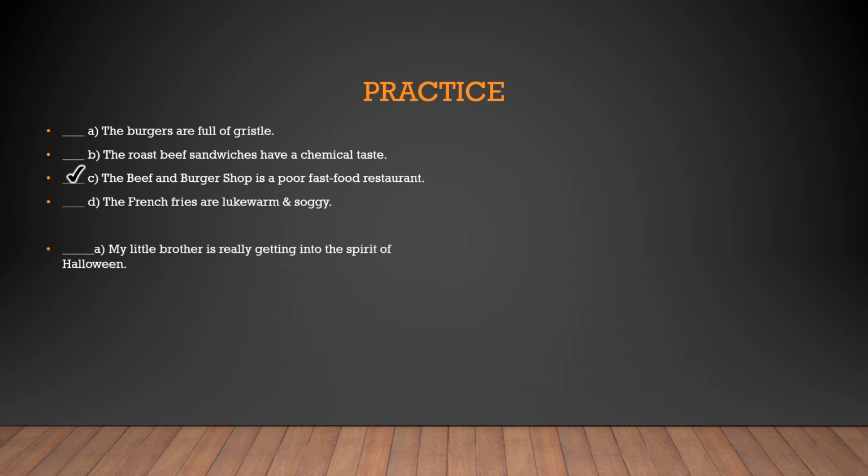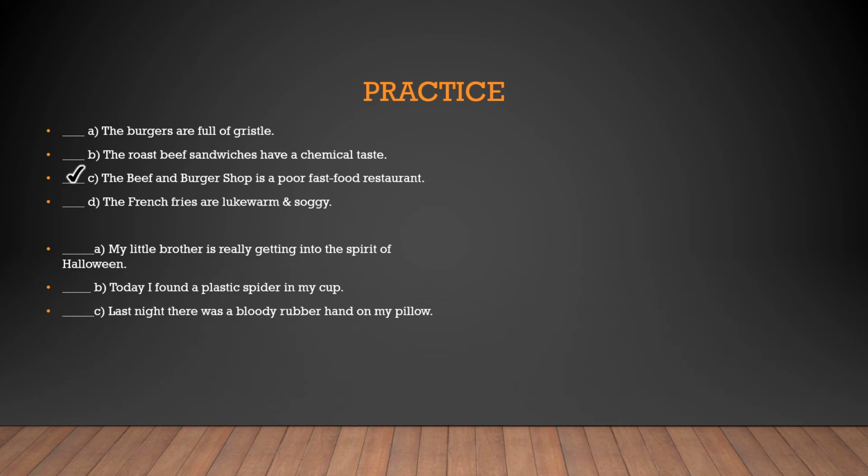Same thing here. We have another example. My little brother is really getting into the spirit of Halloween. Today I found a plastic spider in my cup. Last night there was a bloody rubber hand on my pillow. And this morning a cardboard tombstone was in the yard. Same thing here. These four sentences all tell a story.